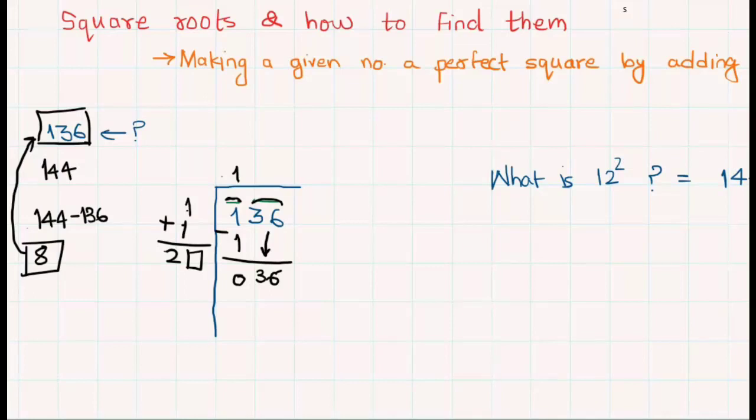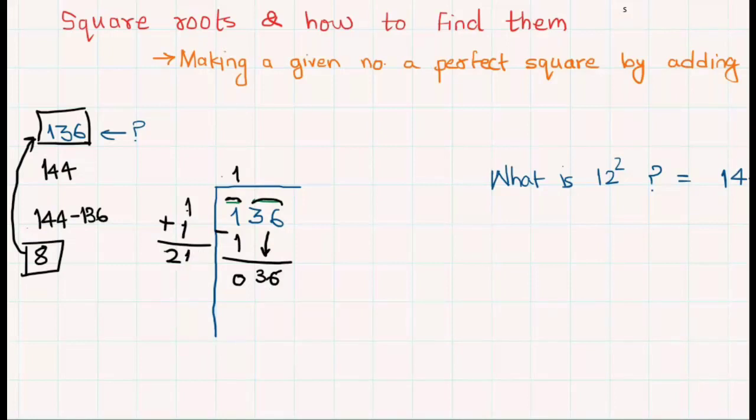So we have to take the same digit over here and multiply this with this. And whatever is the multiplication, we have to make sure that it is either equal to or less than this.